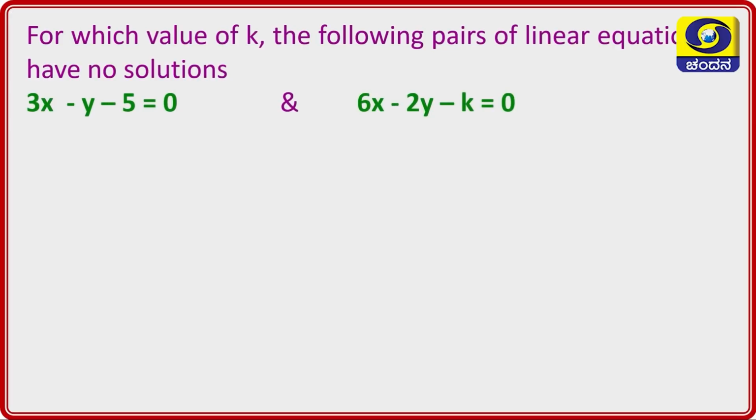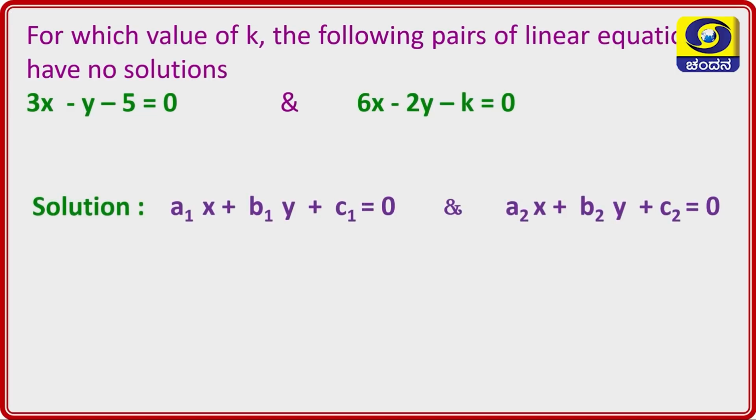This is how we can find out the value of k, children. So next problem. For which value of k do the following pair of linear equations have no solutions? That is 3x minus y minus 5 is equal to 0, and 6x minus 2y minus k is equal to 0. Solution.